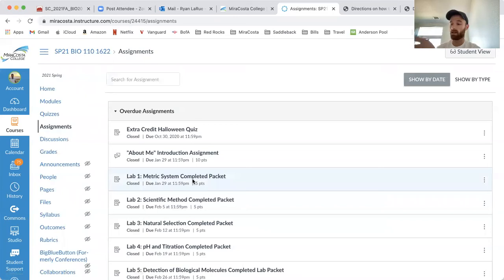It's due at the end of the week, the Friday of that week by 11:59 p.m. This is also included in the instructions. So for the metric system lab, the completed questions and graphs for that packet will be due Friday, August 27th by 11:59 p.m.